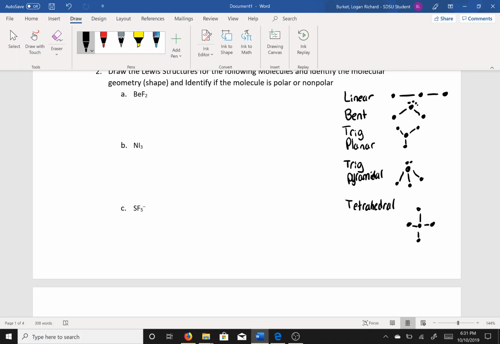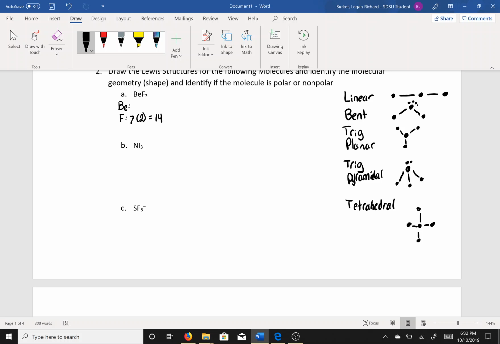So my first step is to find out how many electrons are being brought to this molecule. Okay, so we have Be and we have F. So I know that F has 7 valence electrons, and there's two F's attached to this central atom. Therefore, it has a total of 14 being brought by the F's.